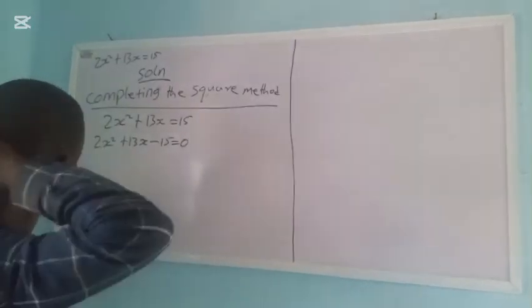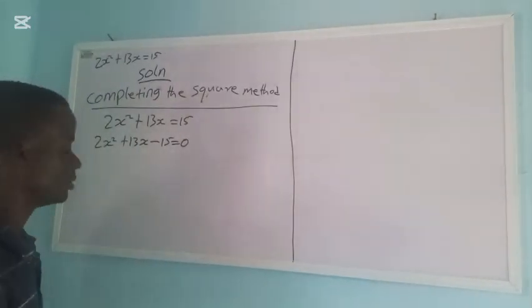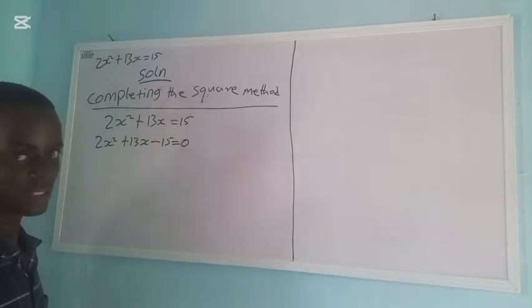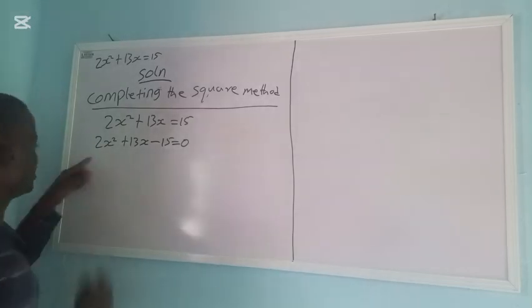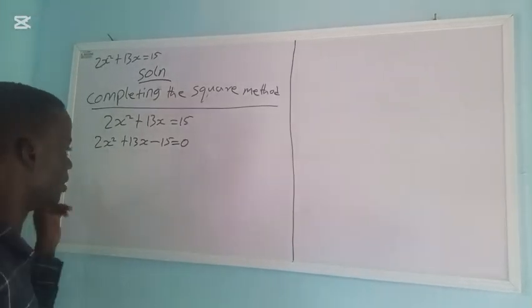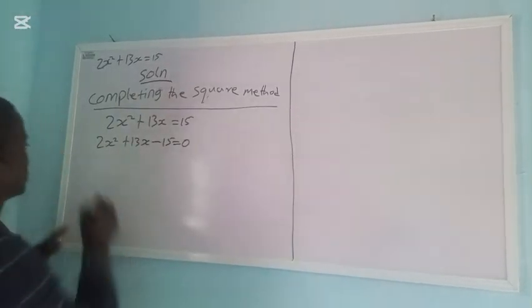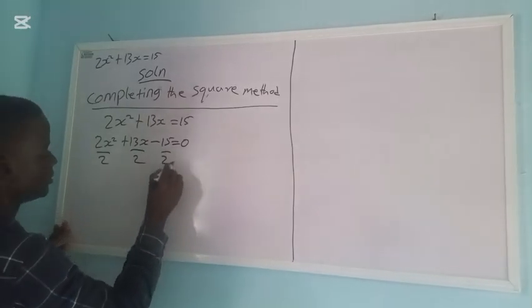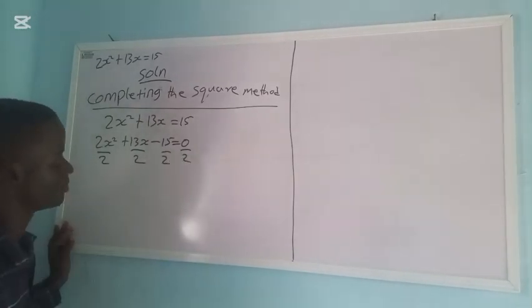All right. So now, completing the square method. The first step is, since this one has a coefficient of 2, let's divide both sides by 2. Now 2 cancels 2.